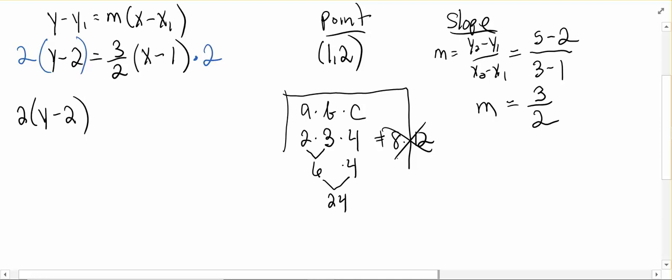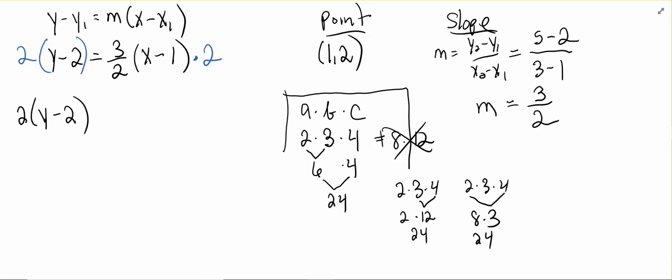We multiply 2 of them together and get an answer. Now when I was doing this 2 times 3 times 4, I could have done the 3 and 4 first. That would get me an okay answer. I also could have done the 2 and the 4 first. No matter how I do it, as long as I multiply 2 of them and get an answer, and take that answer and multiply by the third, it works. And that's what's going to happen over here on our right-hand side.